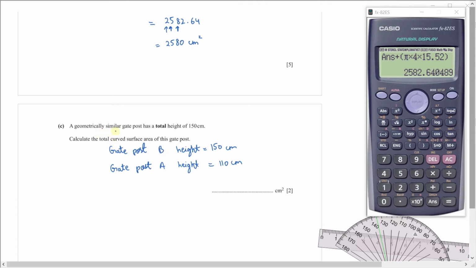Since this is geometrically similar, we know that the square of the ratio of their heights will be equal to the ratio of their curved surface areas because they are similar gate posts. So let me write it down here.